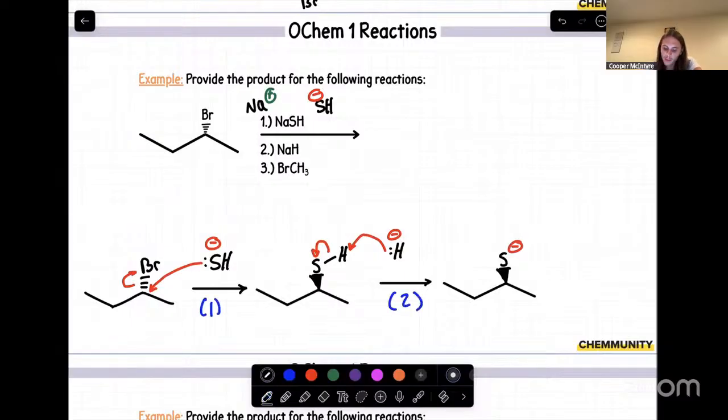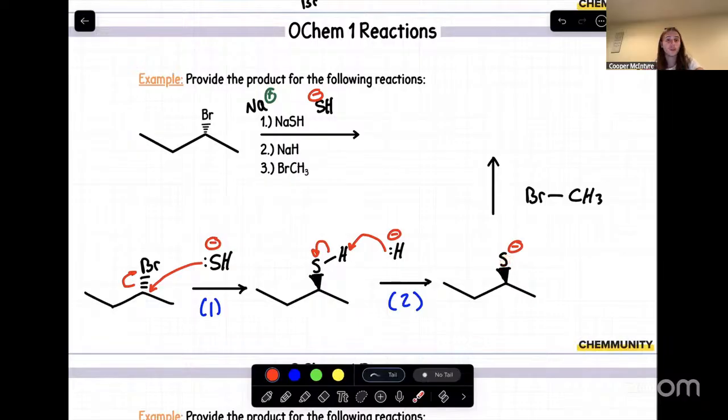And then for step three, what we have is methyl bromide. So we have a bromine attached to a methyl group, or CH3. And what this will be good for, to keep in mind, is if we only want to add a methyl group. So what do we have right here? We have a very strong nucleophile since our sulfur has that negative charge. And then this carbon has a partial positive charge because it is bonded to that bromine.